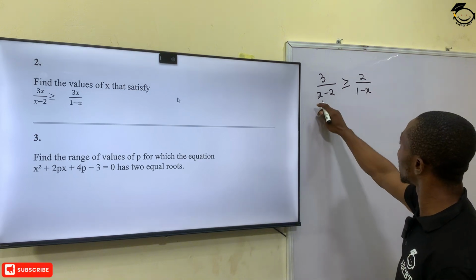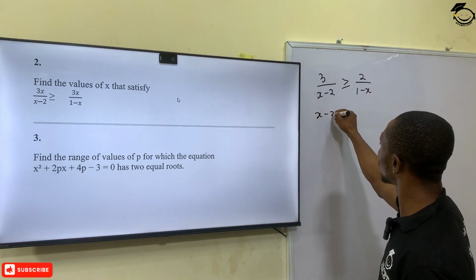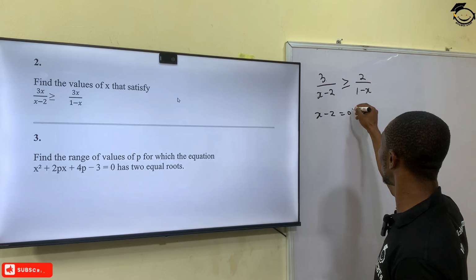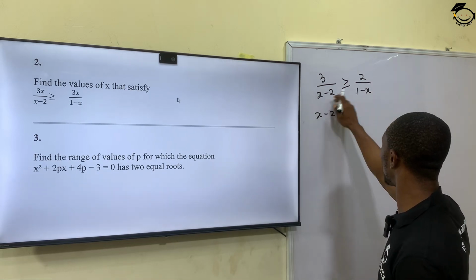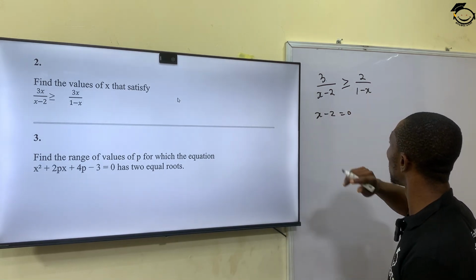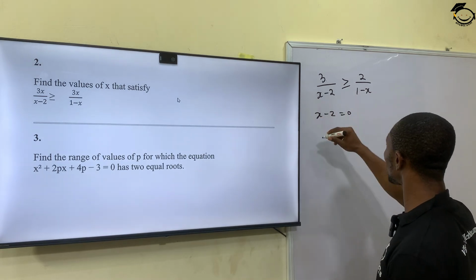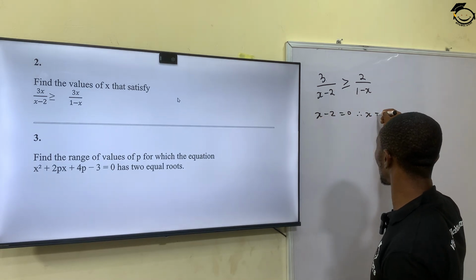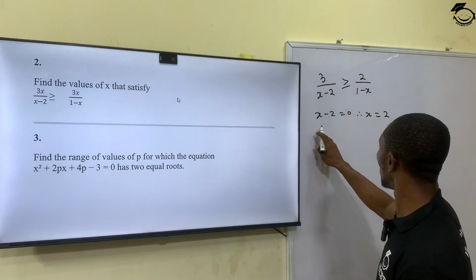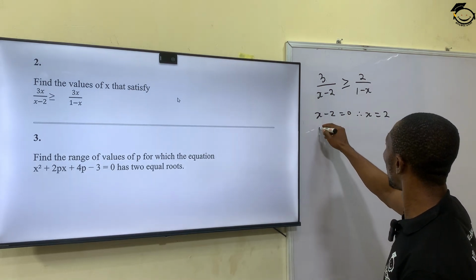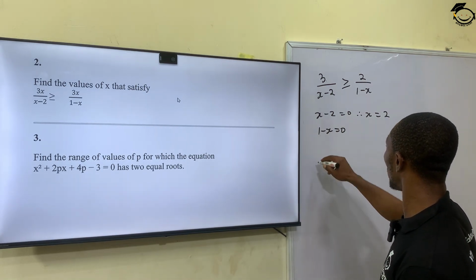In making our x, we have x minus 2 equals 0, equating it to 0 for our denominators. x minus 2 equals 0. So therefore, our x equals 2. And secondly, 1 minus x equals 0.